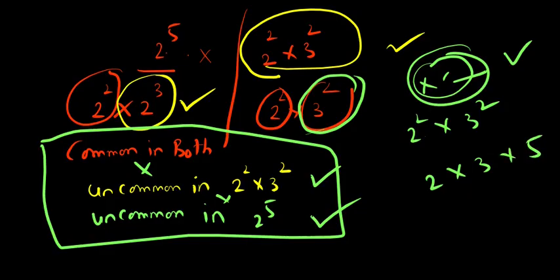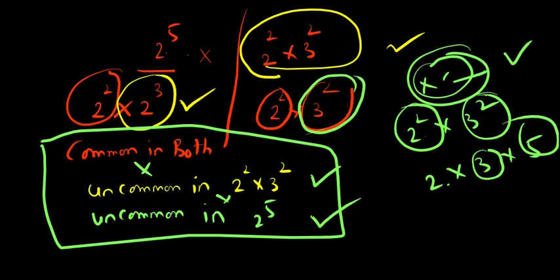In this, you take the common 2 and uncommon other 2 also. So, total 2 square you take. In this 3 square and 3, common 3 and uncommon 3. Total you take 3 square and uncommon 5. This is LCM. And HCF is only the common part. Okay, LCM HCF also has completed.